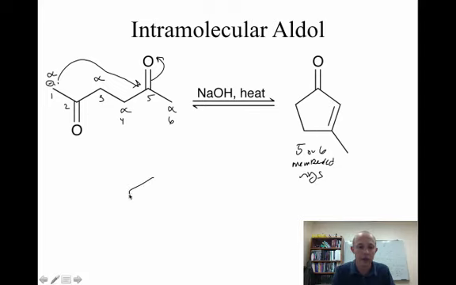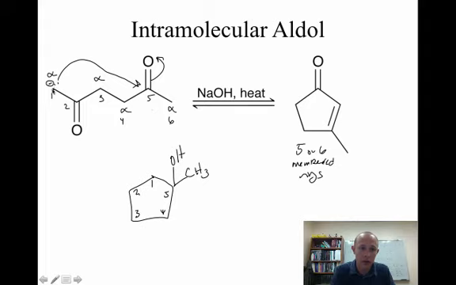So generally what I do is I just draw a 5-membered ring, because this carbon is now going to become bonded to this carbon. On carbon number 5, notice that we have this carbon, a CH3. At carbon number 5, we also had an OH.